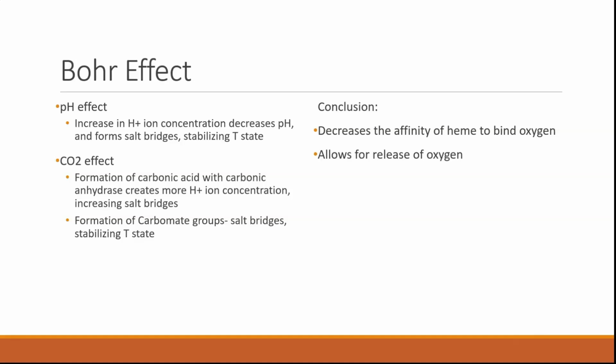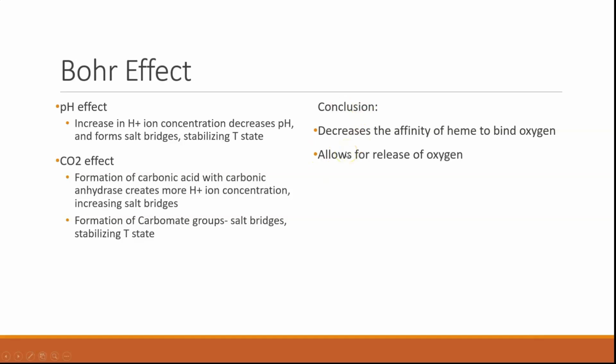And along with that, salt bridges are also formed through the formation of carbamate. That occurs when carbon dioxide, which comes from the cells, reacts with water via carbonic anhydrase, which in turn also increases the hydrogen ion concentration.